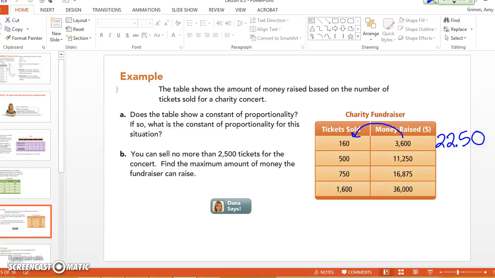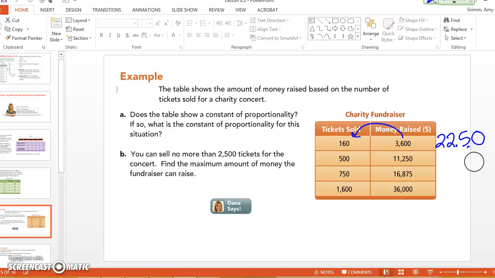See, this is why we're putting y over x. Because it wouldn't make sense for us to get this, because we'd be like, well, this makes sense. This means it's $22.50 per ticket. I understand that. That is something that makes sense.